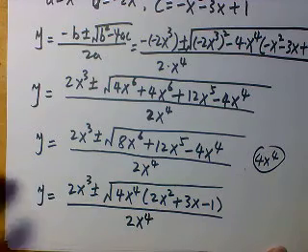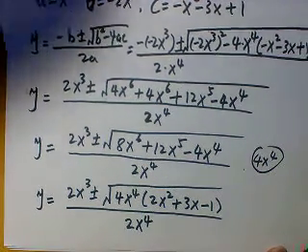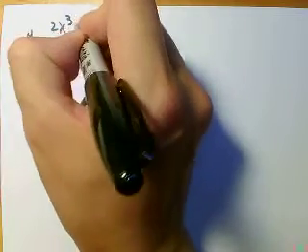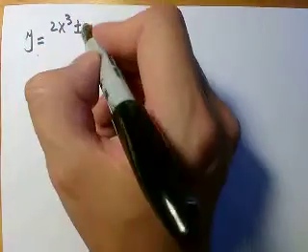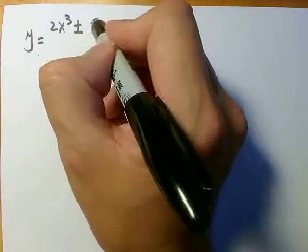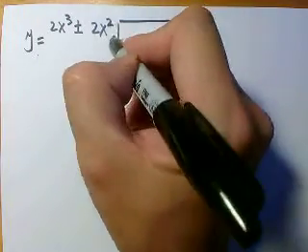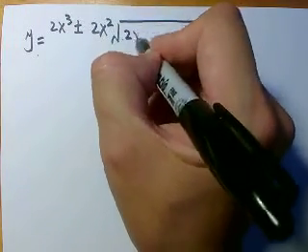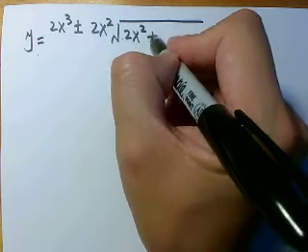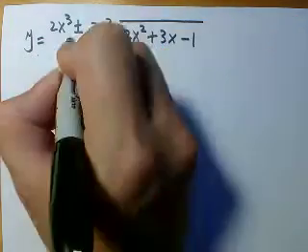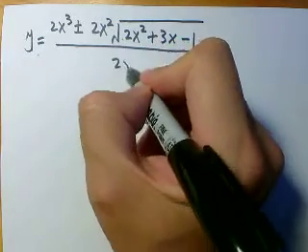We can continue to simplify this term. That is 2x cubed plus or minus 2x squared times the square root of 2x squared plus 3x minus 1, divided by 2x to the power 4.